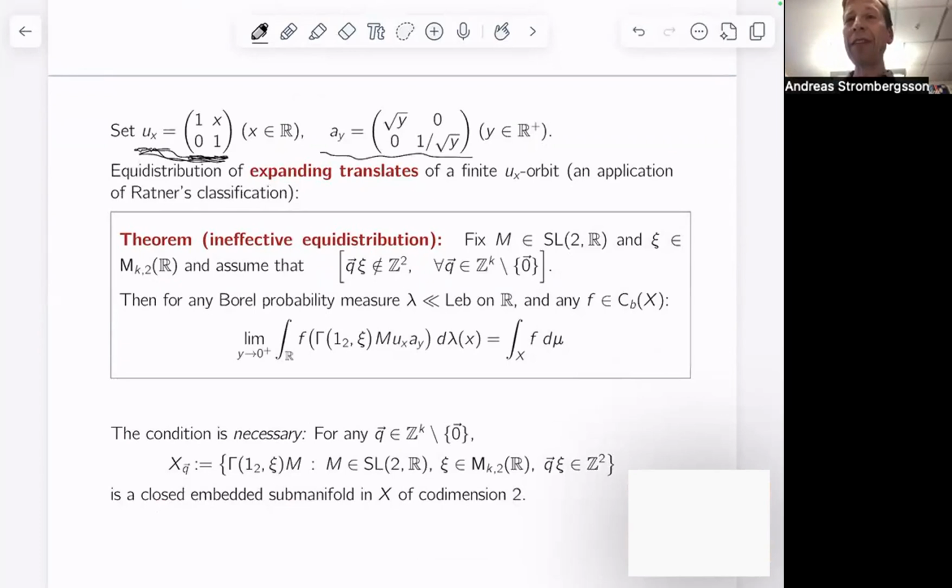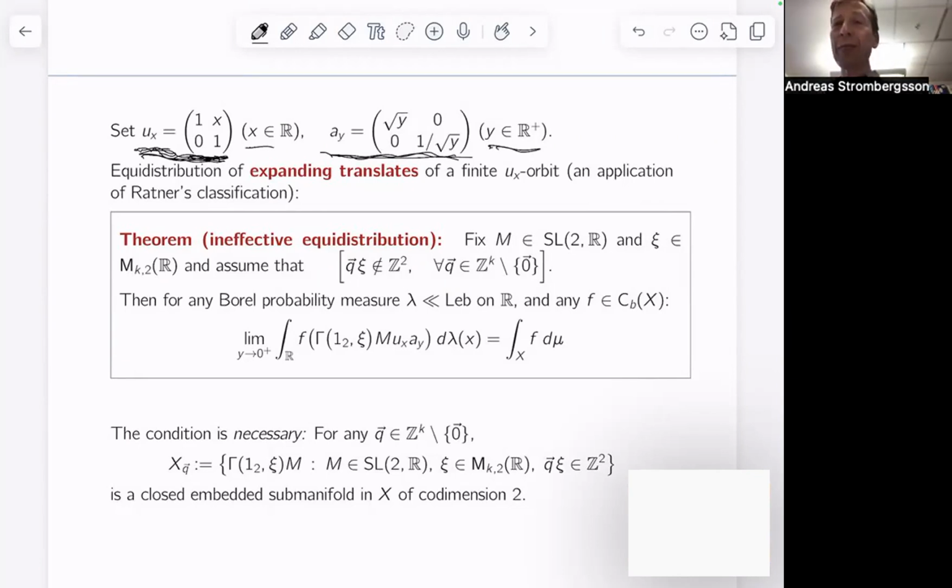So these elements UX and AY, they are matrices in SL2R, but they are also elements in the bigger Lie group G. So UX is this unipotent flow. It's a one parameter subgroup. And AY is also a one parameter diagonal subgroup, but parameterized by a multiplicative parameter Y.